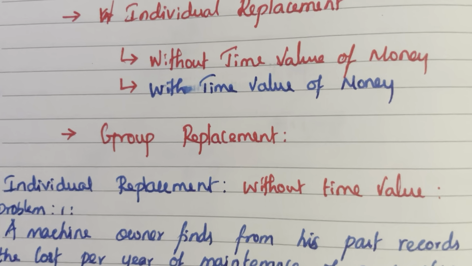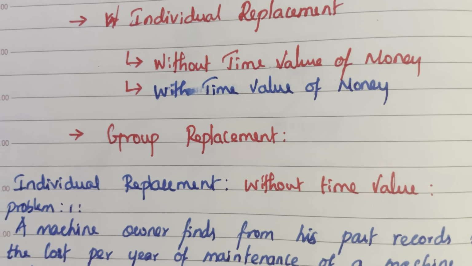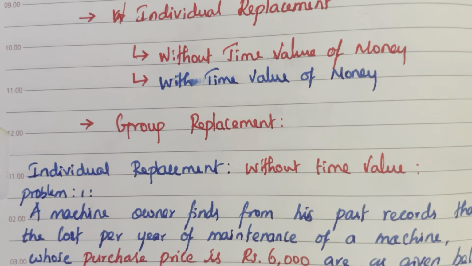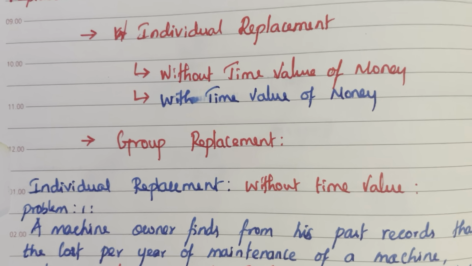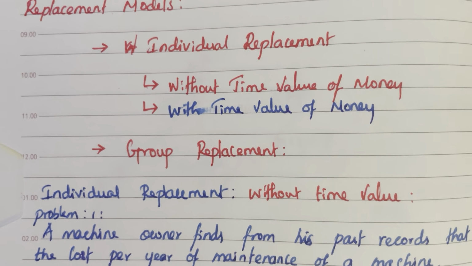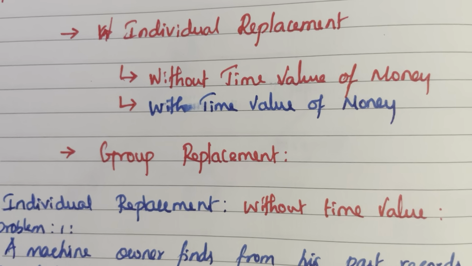When multiple machines are there, what is the best time that we should replace them, because the maintenance cost is going to kill you. So before that you should do it. That is group replacement, when multiple machines are planned to be replaced together, and it is answered using group replacement.